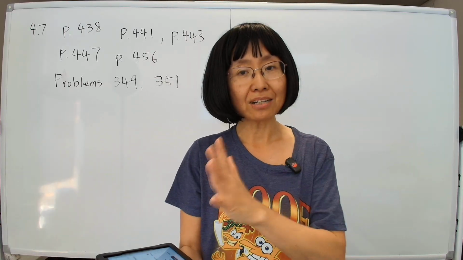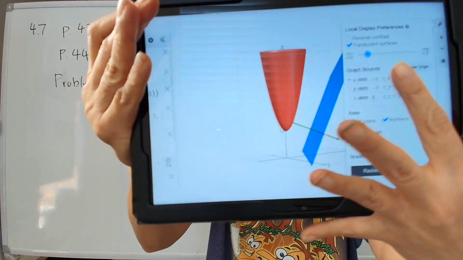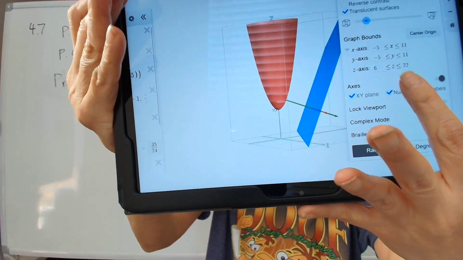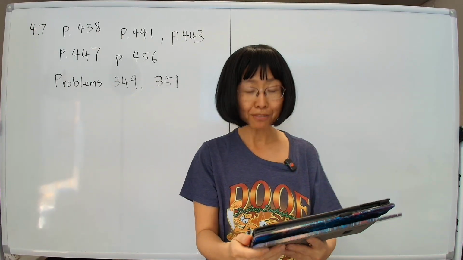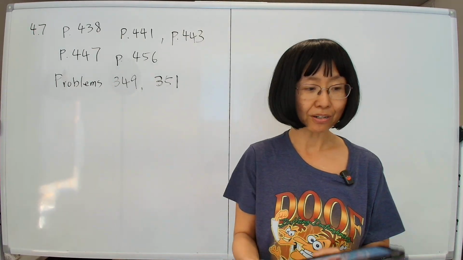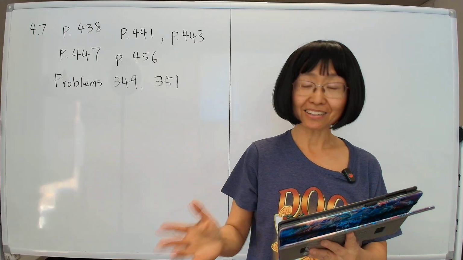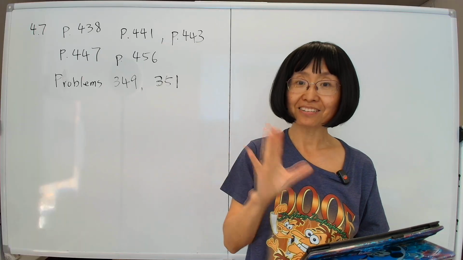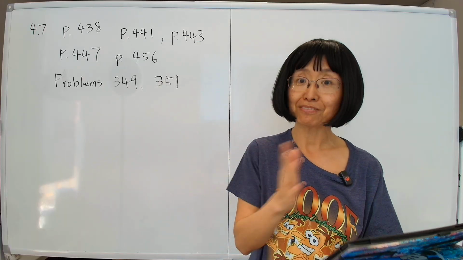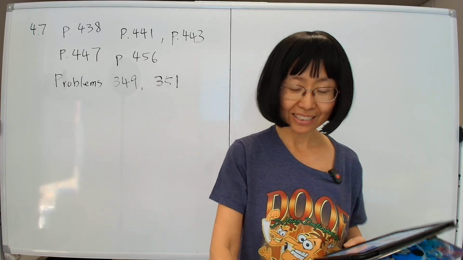So you need to adjust the range of x, y, and z, that is, adjust these numbers in here to make everything come out looking peachy. Please do that too as part of your homework. Work on the decimals calculator. It's a lot of fun, I think, to do this kind of thing. And you can turn it around and see how it looks in all directions. So yeah, that marks the end of this section.